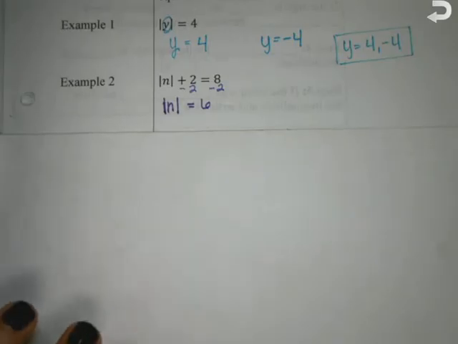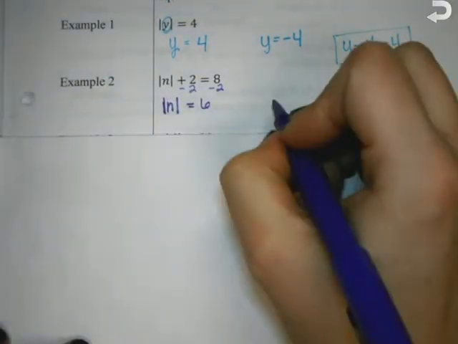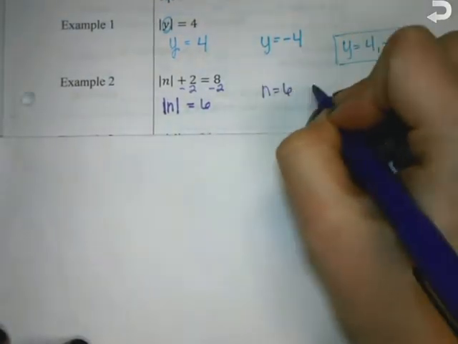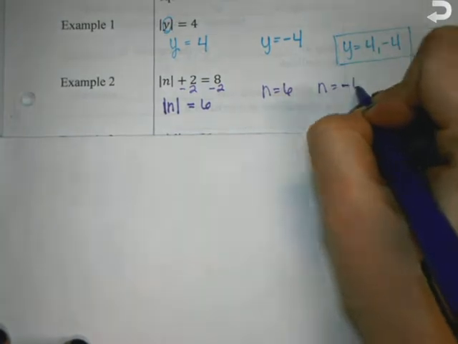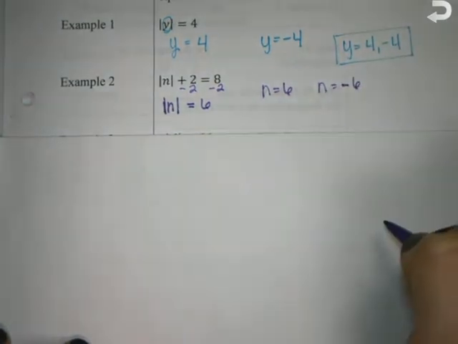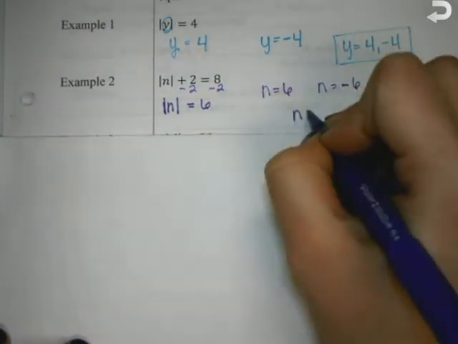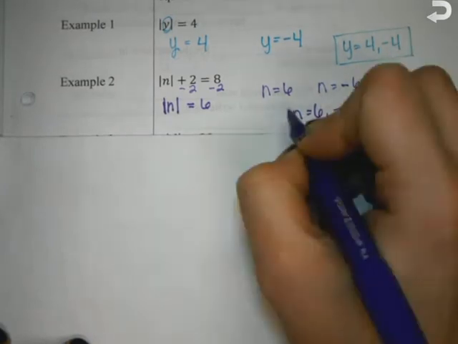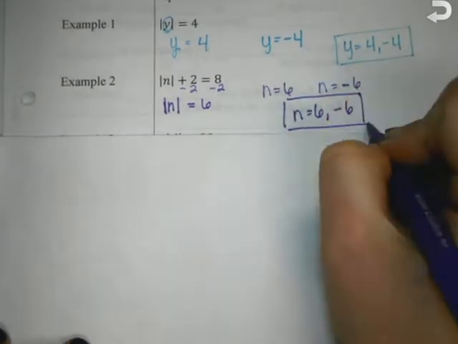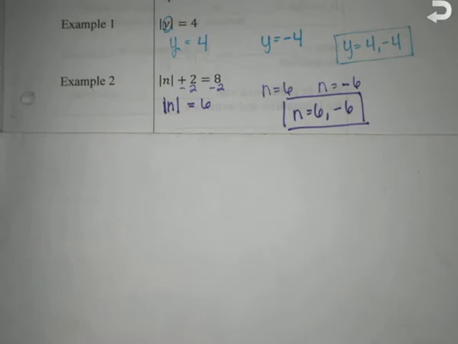So the inside, n, is equal to positive 6 and n is equal to negative 6. I've solved for the variable, right? So n equals positive 6, negative 6. Okay, so far so good?